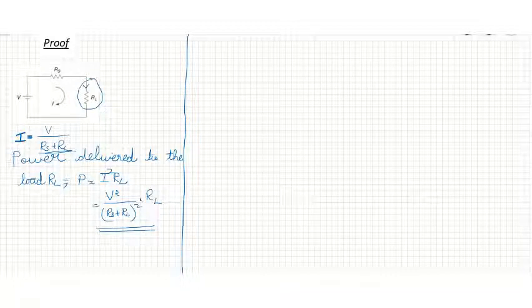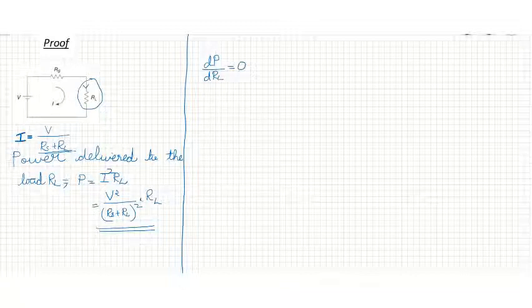Now we have to find out the condition for which this power delivered becomes maximum. In order to determine the value of RL for maximum power to be transferred to the load, it should satisfy this condition: derivative of P with respect to RL is equal to 0.